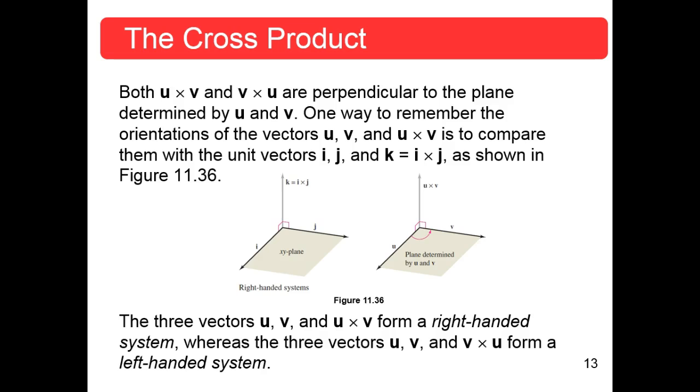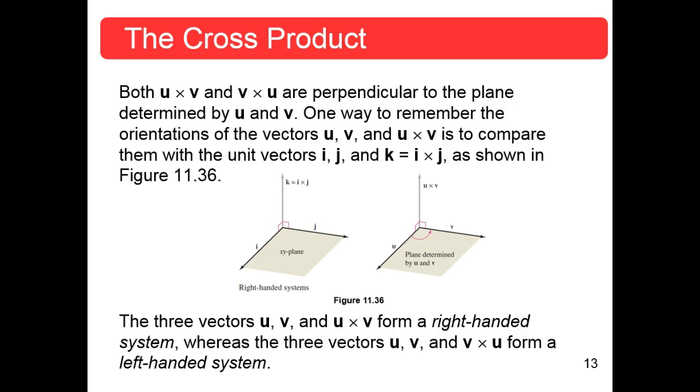Okay, so here we go. Now this is the bottom part of page 781. Both U cross V and V cross U are perpendicular to the plane determined by U and V. Remember we said the cross product is going to be perpendicular to both of the other vectors.